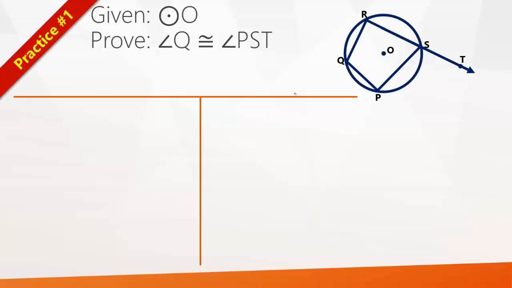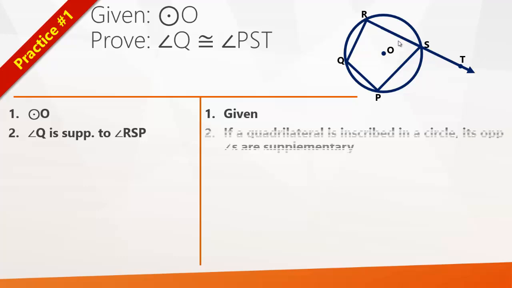Let's start with a proof. We are given circle O, and we need to prove that angle Q is congruent to angle PST. So we'll start with our given. And then we can say that angle Q is supplementary to angle RSP. You can tell from the diagram that all its vertices are on the circle, so we don't need to state that because it's given in the diagram. So if a quadrilateral is inscribed in a circle, its opposite angles are supplementary.